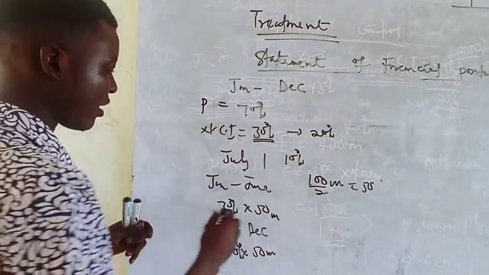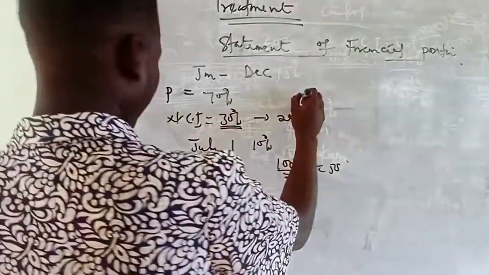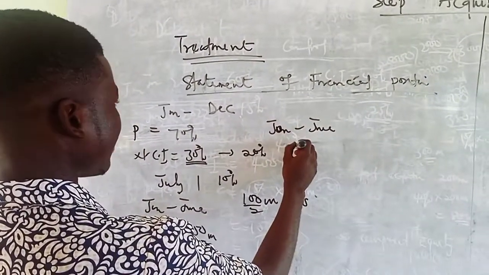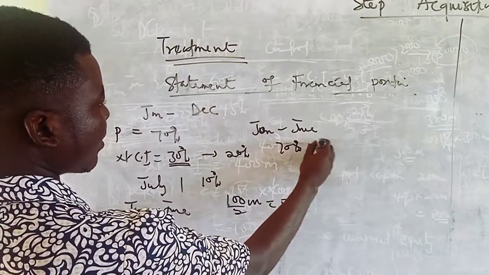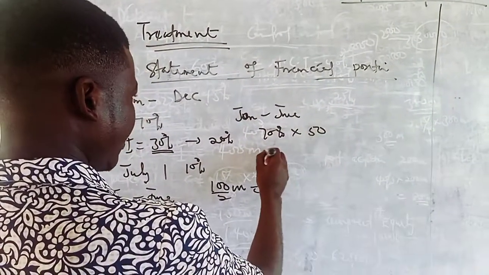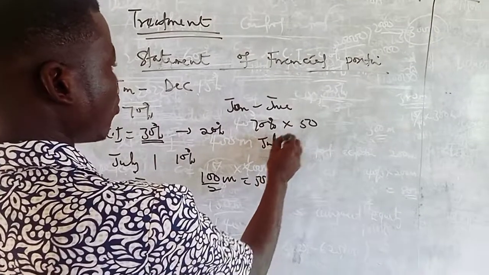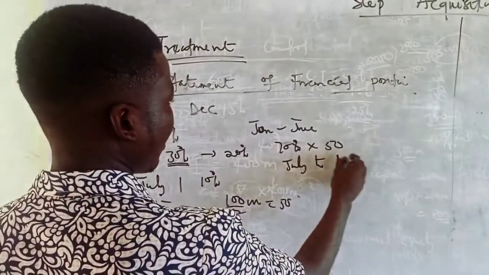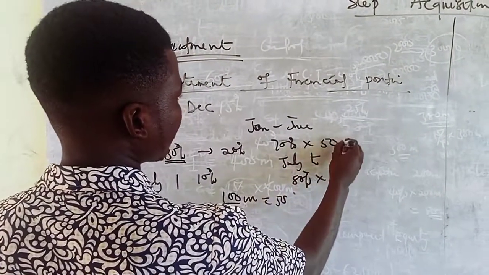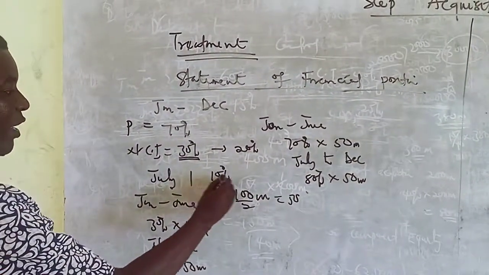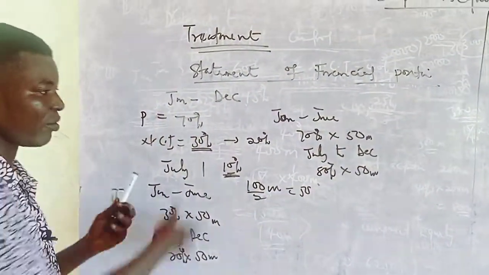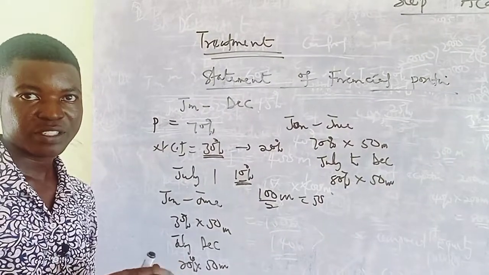Whilst the parent will take, for January to June, 70% times 50, but from July to December, the parent will now take 80% times 50. Because from this date, the parent acquired an additional 10%, which will now become 80%. This is how we do it if you are sharing the post-acquisition profit.